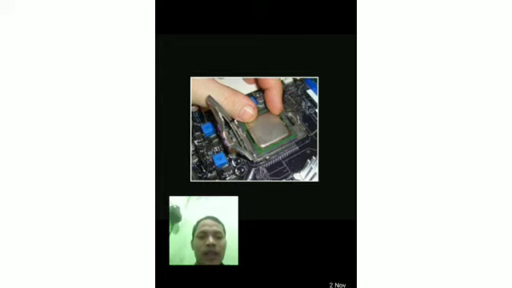What needs to be considered when installing a processor is, first, determine the position of pin one. Usually, there is a mark on the processor at that corner.